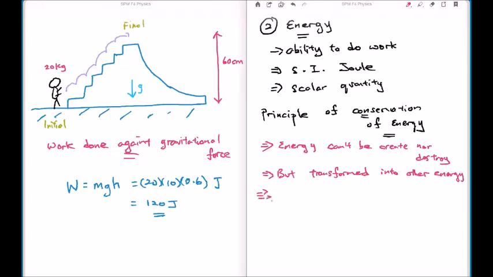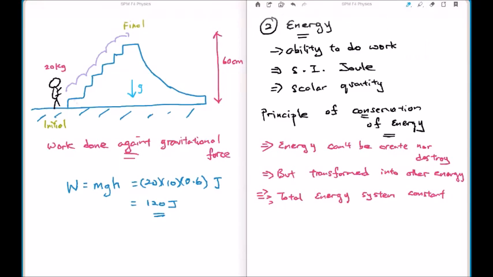Be sure, this is important: no matter how you change it, the total energy of the system is conserved, or you call it a constant. What does it mean by that?